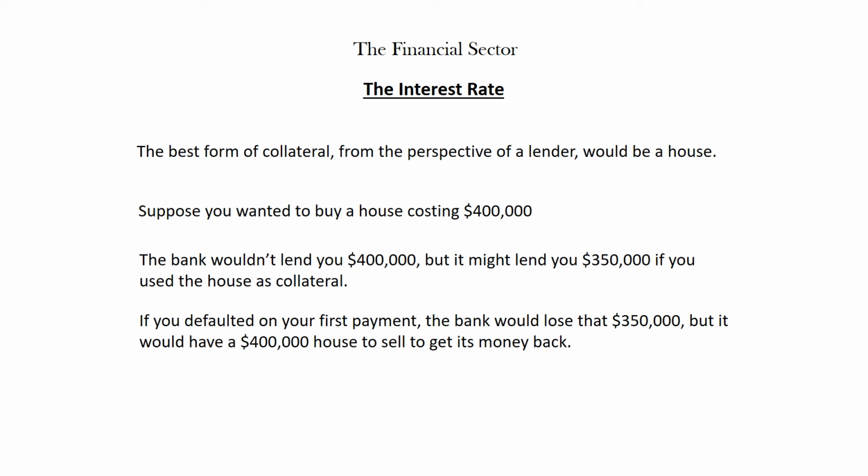Let's suppose that you defaulted on your absolute first payment. The bank would then lose that $350,000 that you owed it, but it would have that $400,000 house that you used for collateral to sell and get its money back that way.